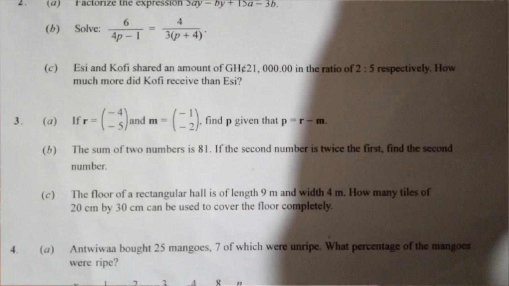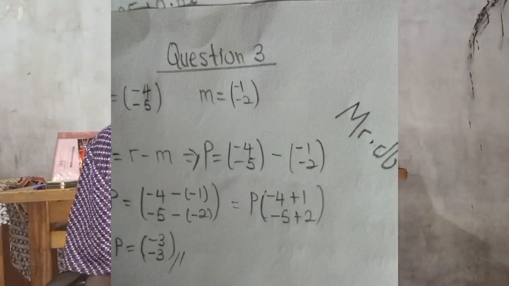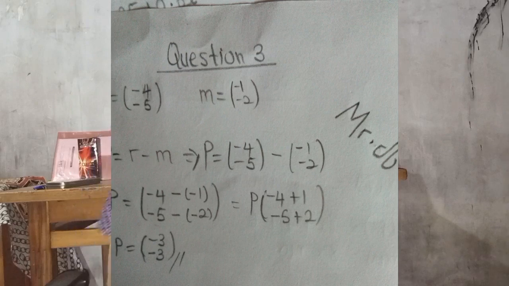3a. If R is equal to (negative 4, 5) and M is equal to (1, negative 1, 2), find P given that P is equal to R minus M. This is a vector question, so let's get to it. Our R is equal to (negative 4, 5) and our M is equal to (1, negative 1, negative 2).